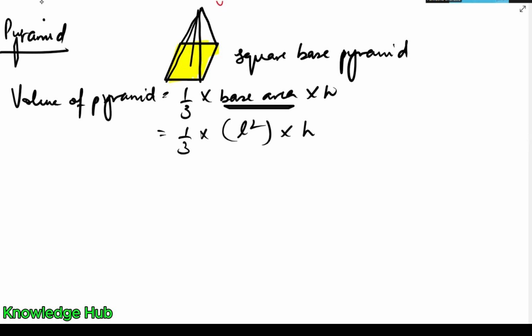All right. Now, let us start with the next one. That is a cone. A cone looks like this, right? For a cone, there are a few things that you should be very clear about.